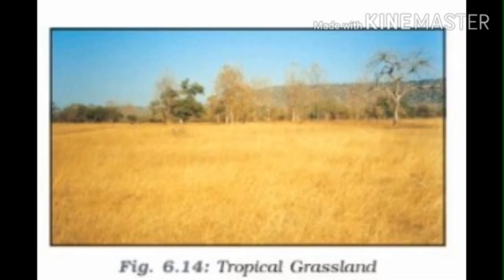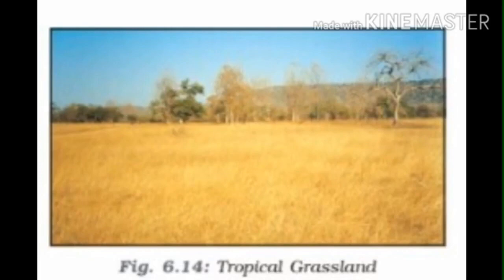We can have two types of grasslands. One is tropical grasslands, another one is temperate grasslands. Okay, children, what are the characteristics of tropical grassland? Yes, they grow in the regions of moderate to low rainfall.